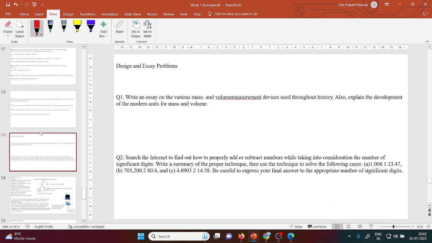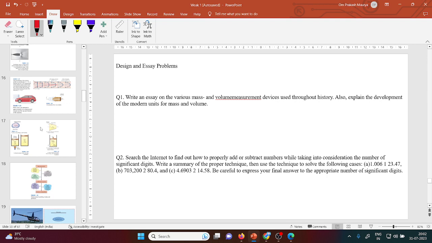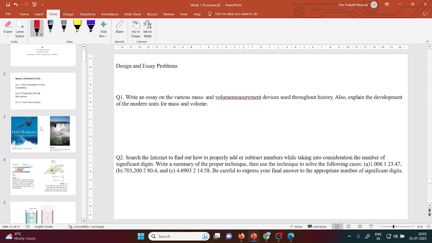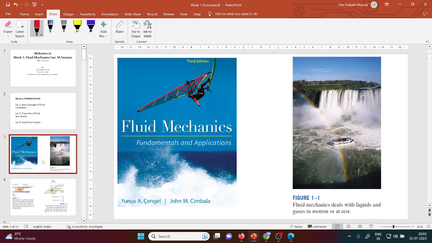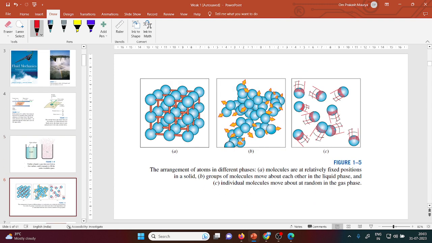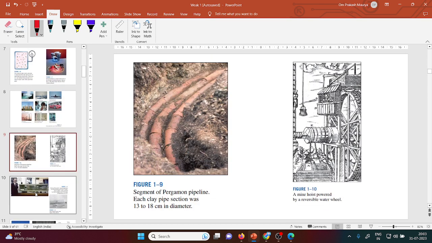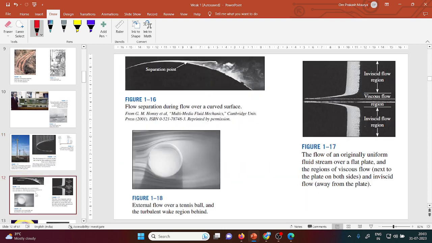I have some very interesting diagrams, but today we will not discuss them because we do not have much time. All the time went in the question answer session. I have a presentation for you, but in the next class we will discuss it.